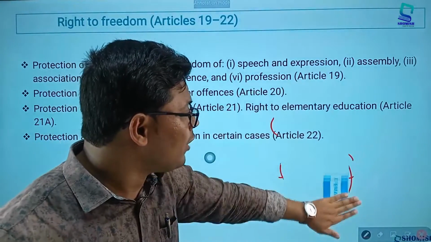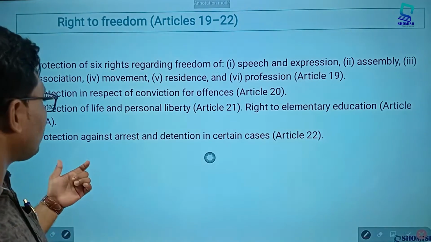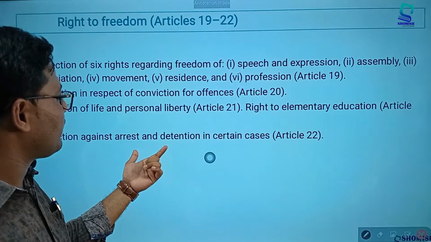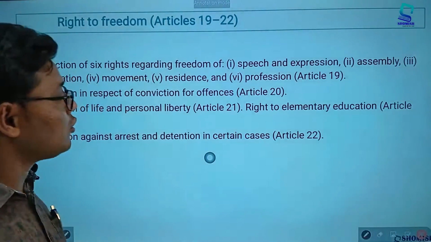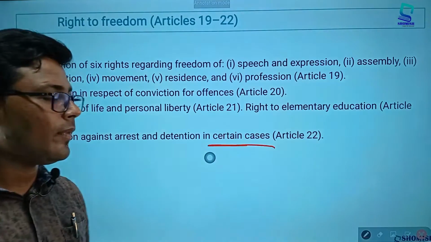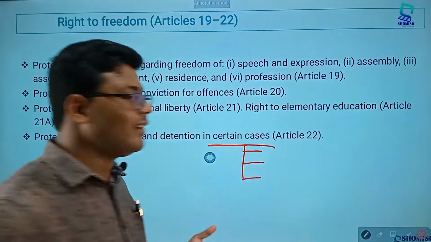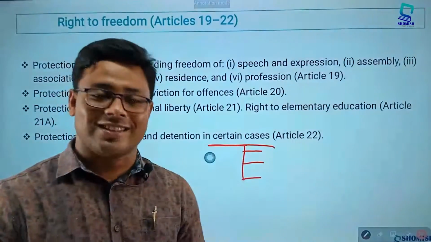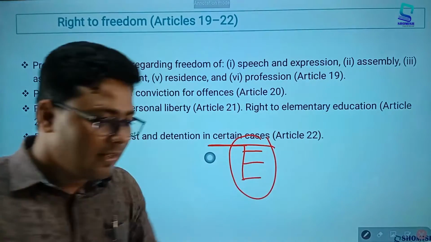Okay. Now, Article 22. Protection against arrest and detention in certain cases. In these aspects, the matter of double jeopardy is very fantastic. What about double jeopardy?